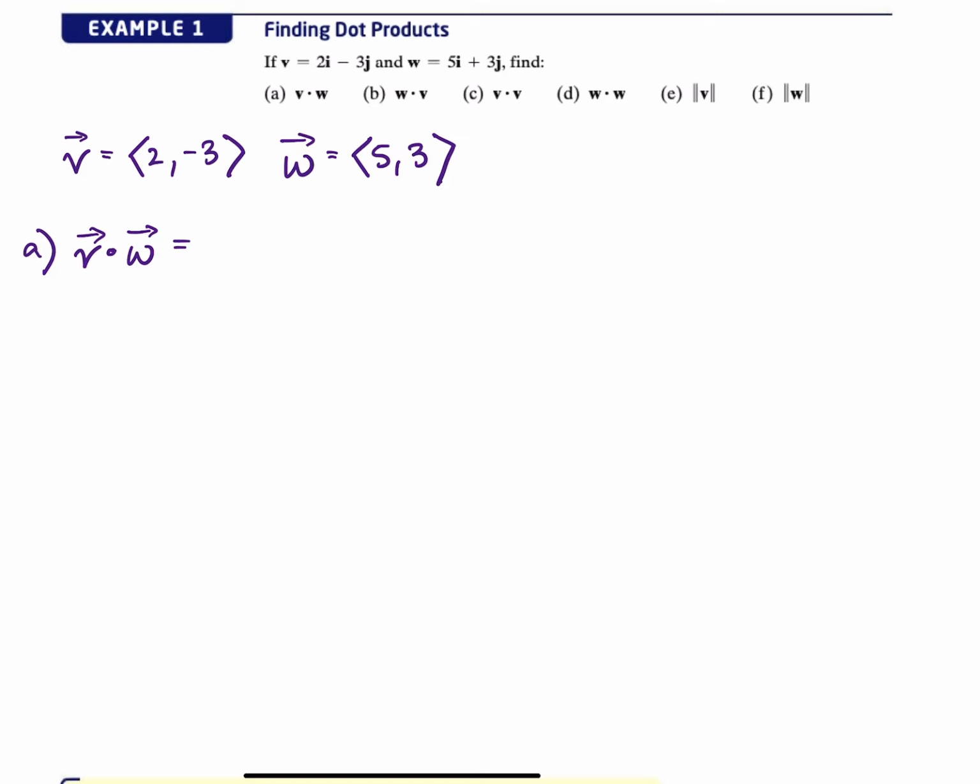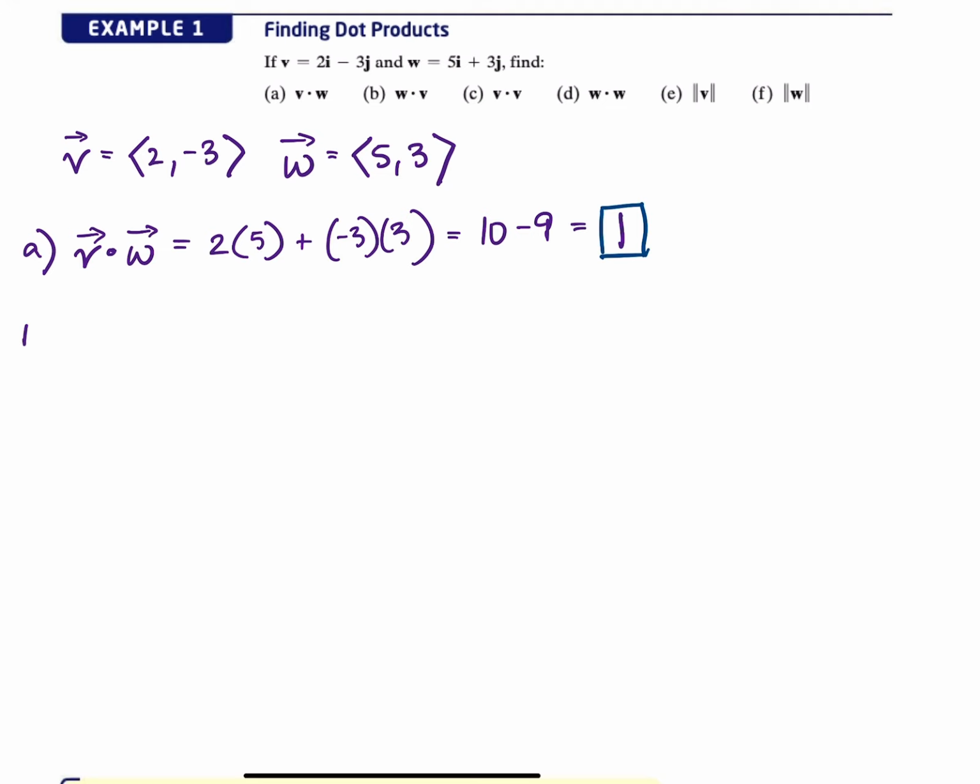Well, that will be the multiplication of horizontal components, so 2 times 5, plus the multiplication of the vertical components, so negative 3 times positive 3. So that will give us 10 minus 9, or positive 1. We just get some scalar, some number.